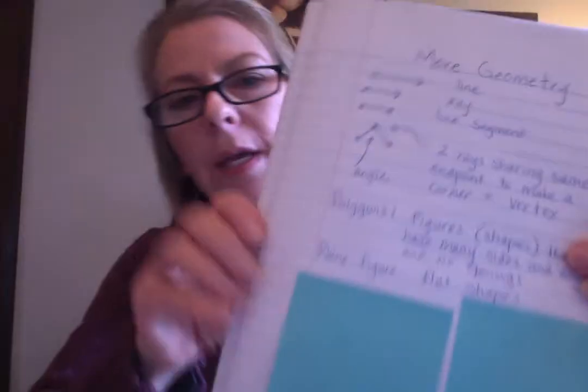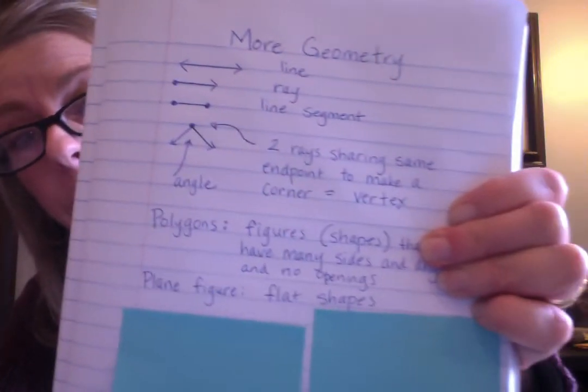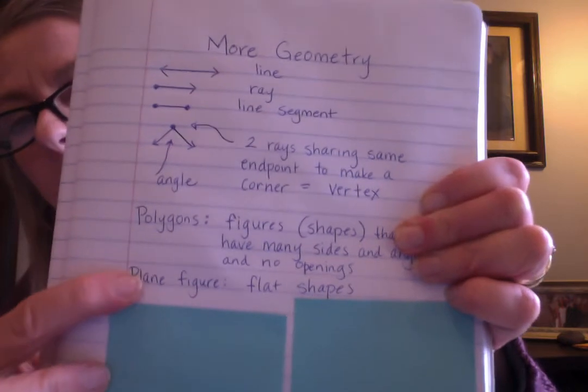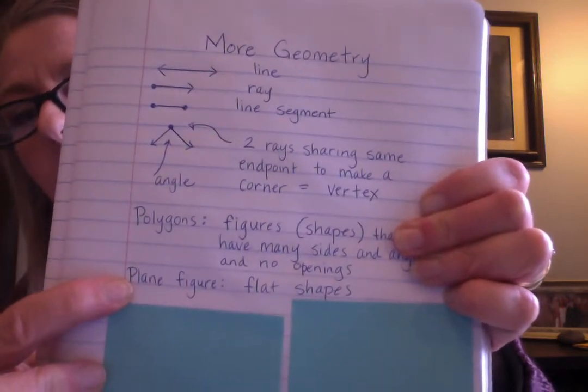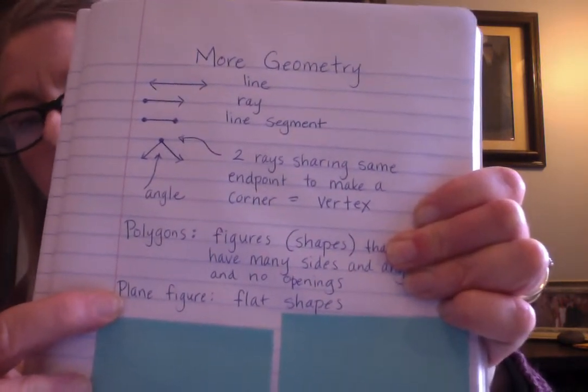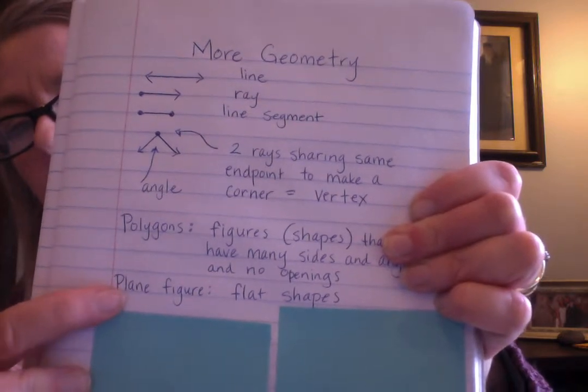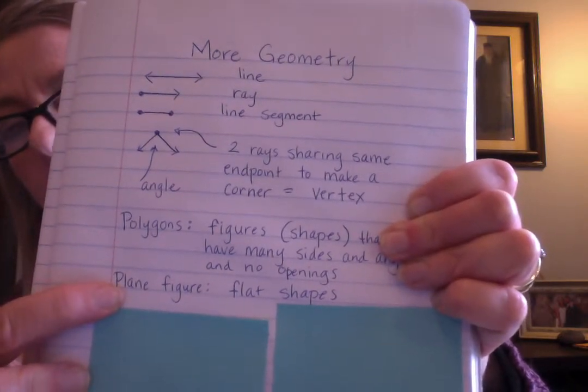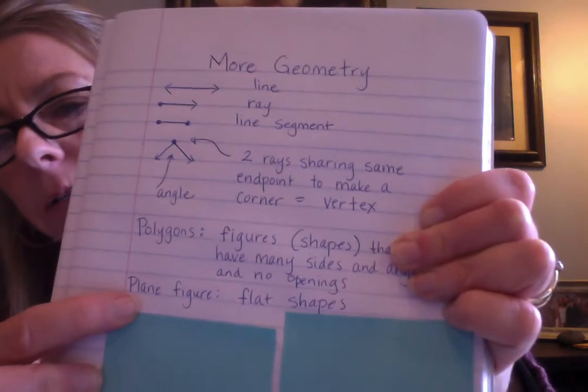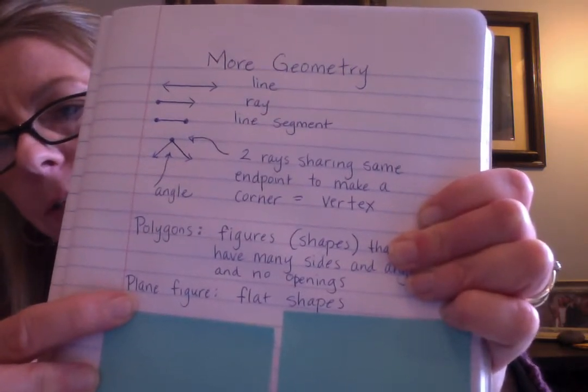Okay, the next thing I want you to write is a term called plane figure. Okay, this is a geometry term that you'll want to remember. Okay, now notice this is not P-L-A-I-N, like the word that means ordinary. It's plane, P-L-A-N-E. And a plane figure just means it's a flat shape, okay?